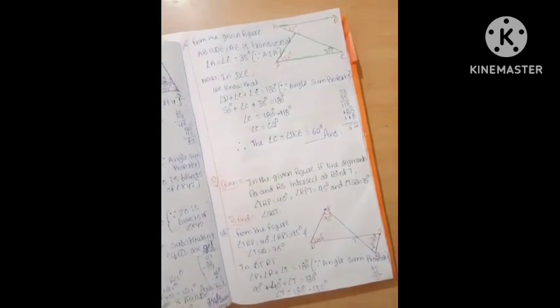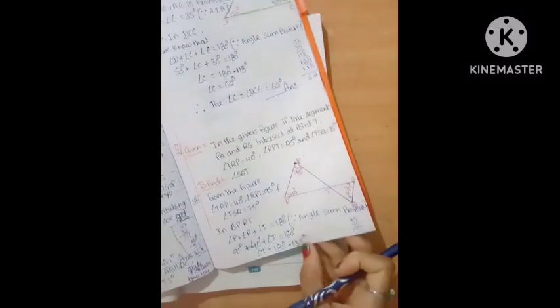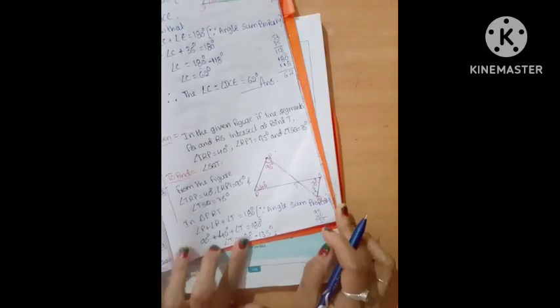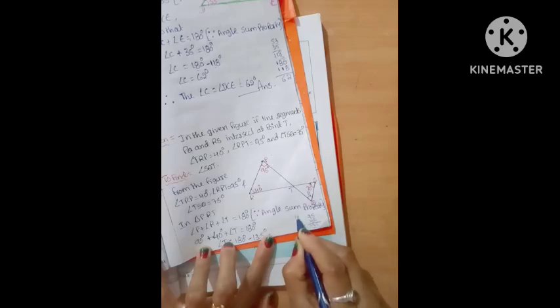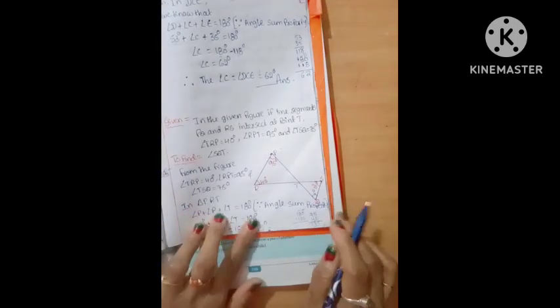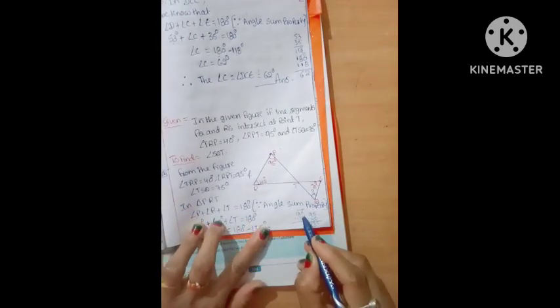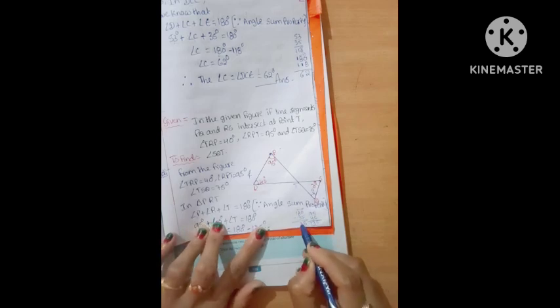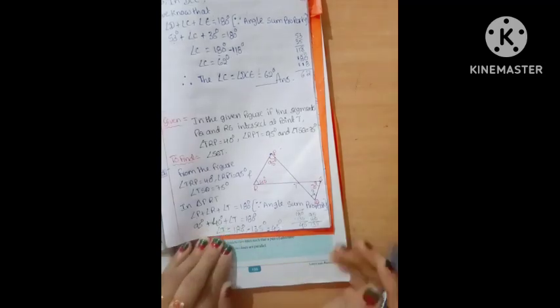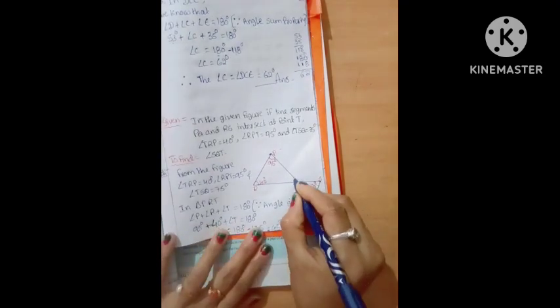Next, subtracting these two terms: 180 minus 135. Borrowing, it's 10. 10 minus 5 is 5. One borrowed, left is 7. 7 minus 3 is 4. So 45 degrees. Angle T equals 45 degrees.